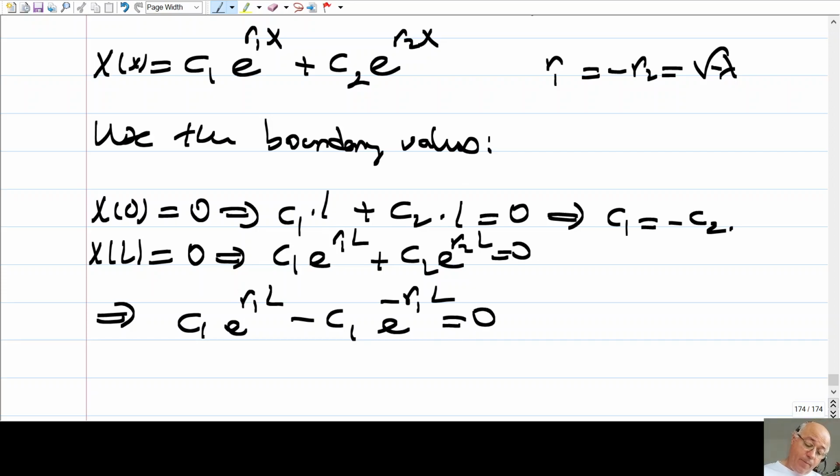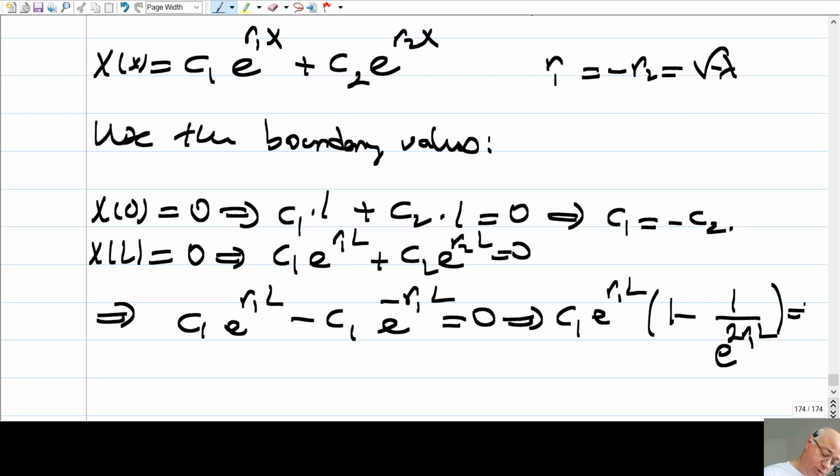Equals 0. So in C1 e to the power R1L parentheses, I have 1 minus e to the power 2R1L equals 0.